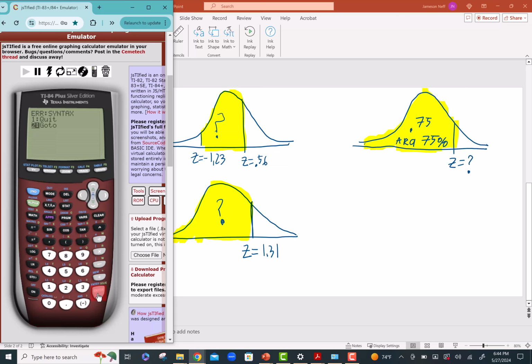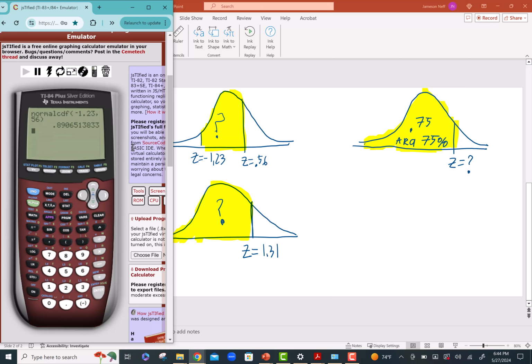What did I do? Oh, I put a decimal point there instead of a comma. There you go. And then I find out, okay, that area there is about 0.89 or 89%.